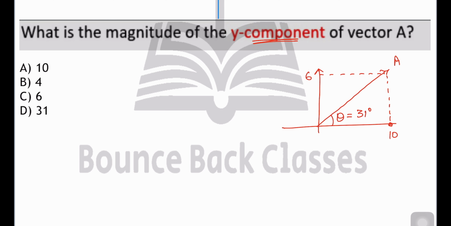So what should be your y component of A? No need to solve, you will directly get 6. So your answer is 6. Clear? Fine. From the diagram also you can understand this type of question.